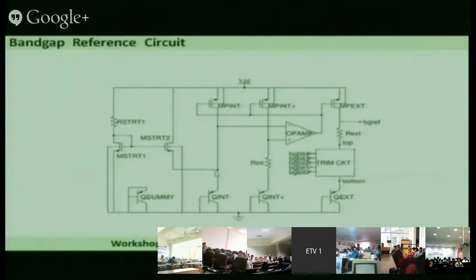This is the emitter, right? So base to emitter is this VBE, and this is being fed. This is the amplifier, the op-amp. This is ground, you can see here. So the emitter-base voltage VEB is fed here, which decreases with temperature.